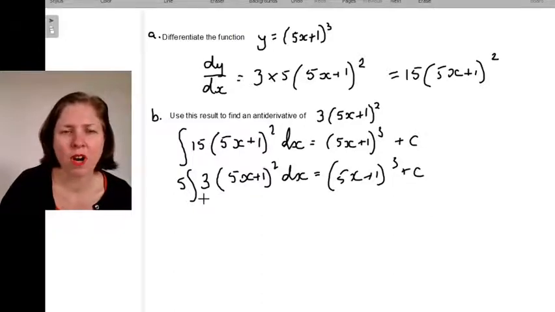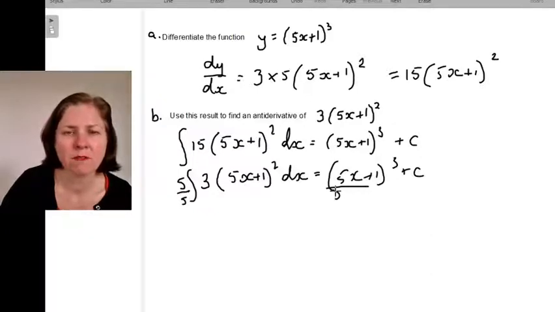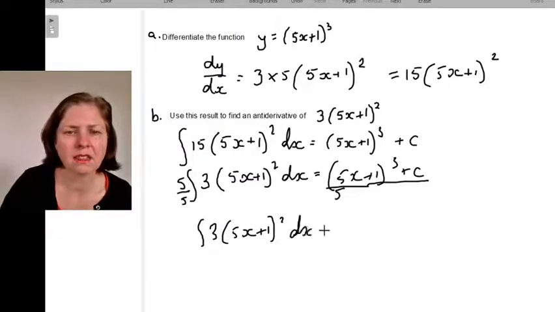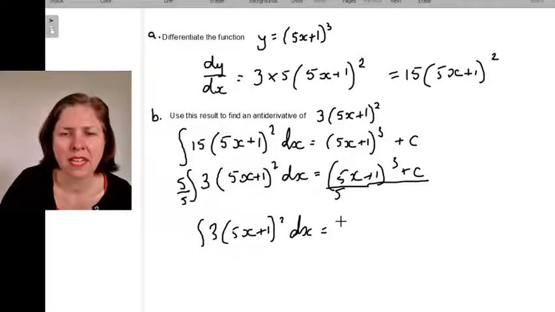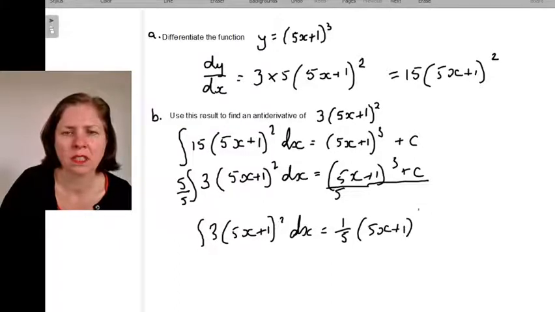Now what I can do is simply divide both sides of my equation by 5. And that's going to leave me on the left with the antiderivative of 3 times (5x plus 1) squared dx equals, on the right-hand side, 1/5 times (5x plus 1) cubed.